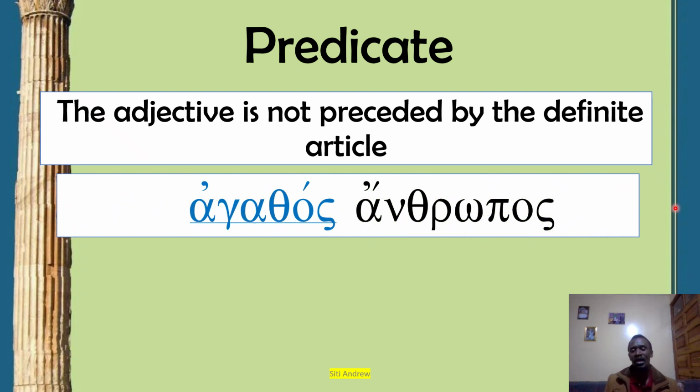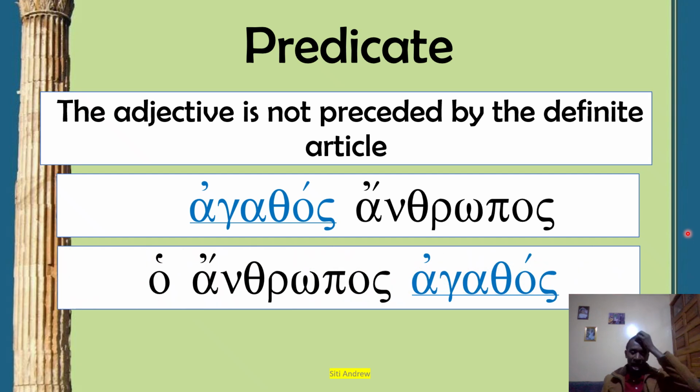So you can see here the adjective agathos is not preceded by the definite article. So again, you will have another arrangement, although it's still the same, anthropos agathos.